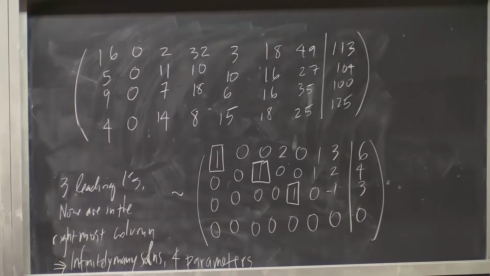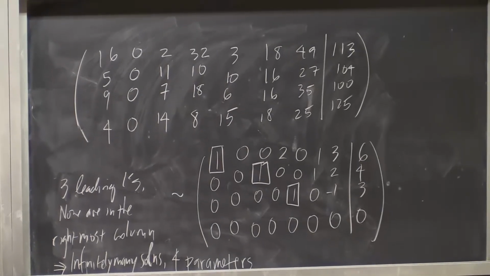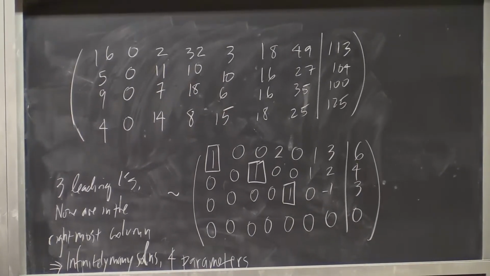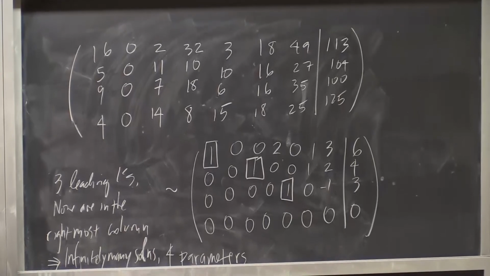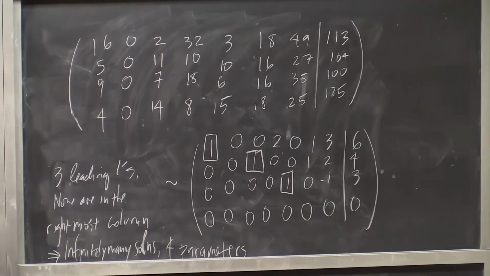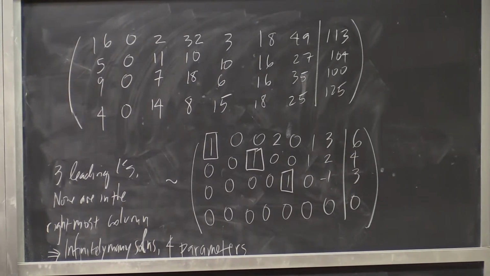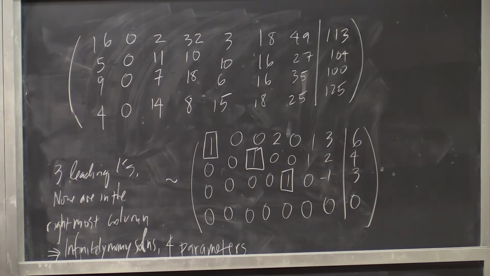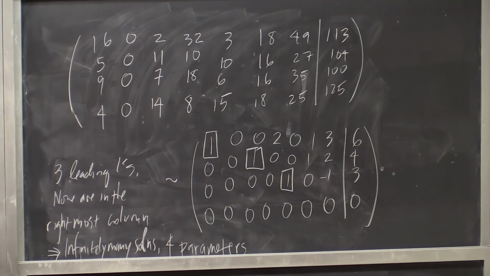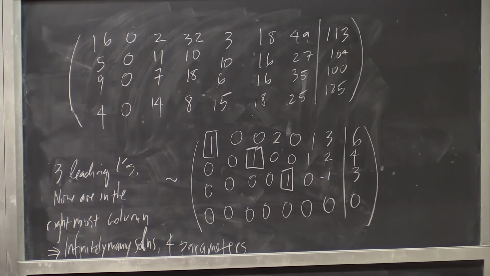When I solved for x1, I got x1 in terms of x2, x4, x6, and x7. When I solved for x3 and x5, I also got them in terms of x2, x4, x6, x7. So the key thing, the thing that you must understand, is this line.